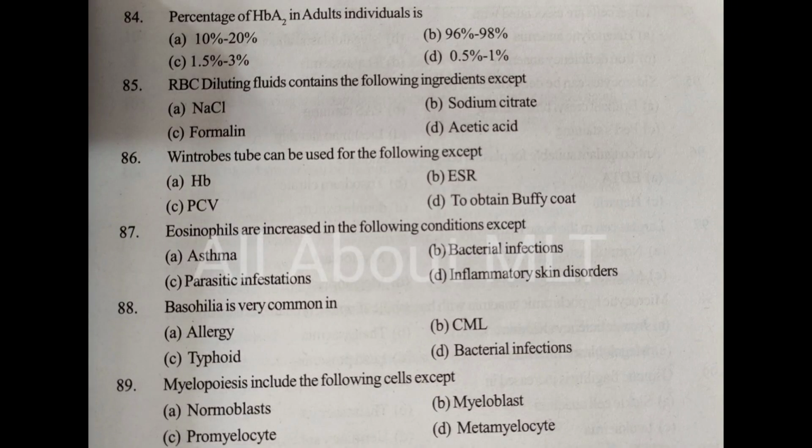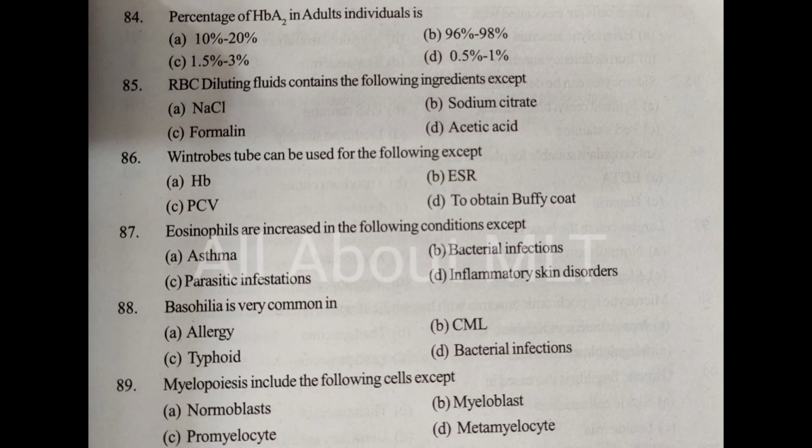The answer is option A, hemoglobin. Eosinophils are increased in the following conditions except: option A, asthma; option B, bacterial infections; option C, parasitic infestations; option D, inflammatory skin disorders. The answer is option B, bacterial infections.